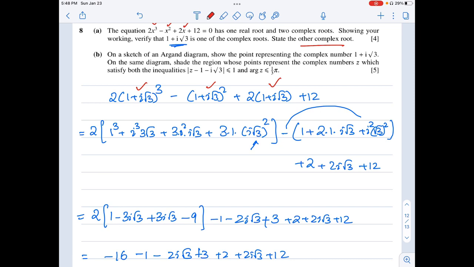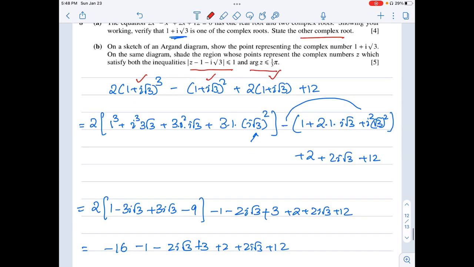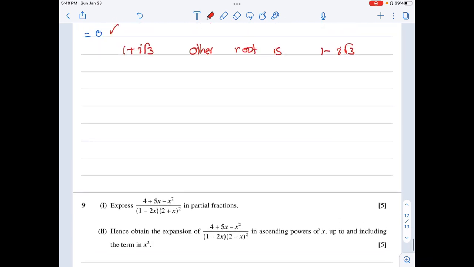On a sketch of an Argand diagram, show the point representing the complex number 1 plus I root 3. On the same diagram, shade the region whose points represent the complex number z where modulus of z minus 1 minus I root 3 is less than or equal to 1 and argument of z is less than or equal to pi by 3. So we have to take an Argand diagram.